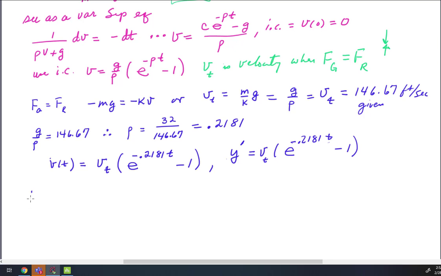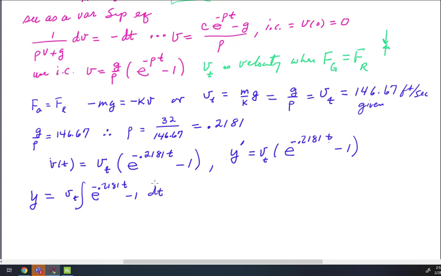So the integral of dy would be y, and that would be equal to vt integral e to the negative 0.2181 t minus 1 dt.